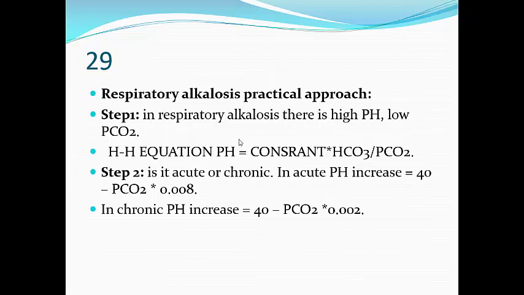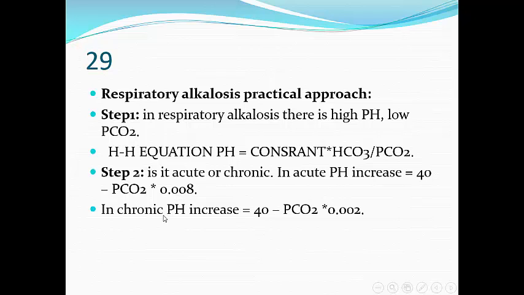There is a formula for that change. In acute respiratory alkalosis, the pH increase from the normal will equal the change of PCO2, which is 40, the normal PCO2, minus the patient's PCO2, multiplied by a big value. So the increase in pH will be high because the change of PCO2 is multiplied by a big value.